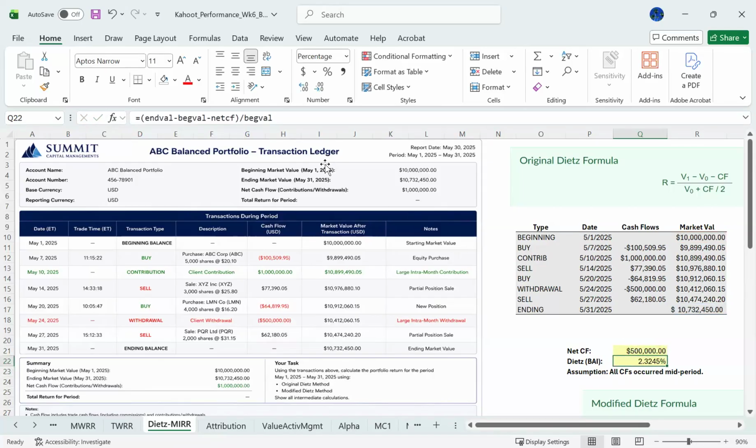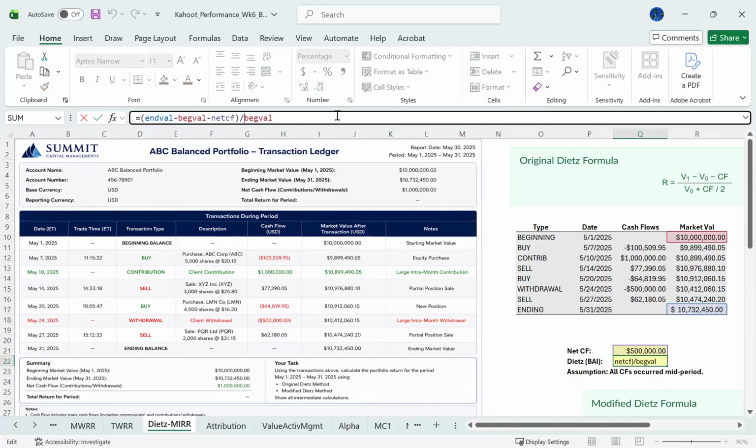But there is a problem here. When we divide by beginning value, we're dividing by 10 million. So we are assuming that we only invested 10 million. And then those 500K are also, we should consider that as an investment that was made because at some point the fund received those 500K.